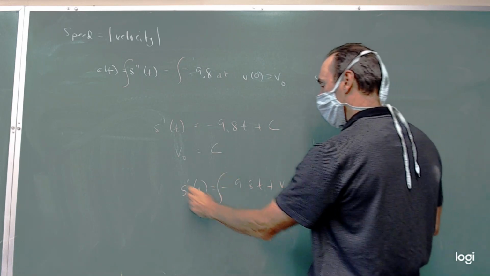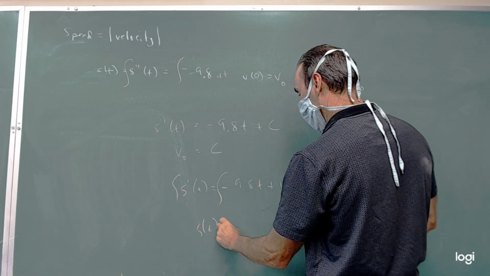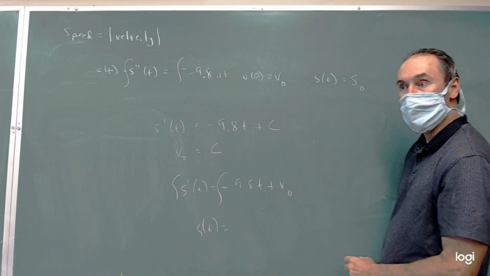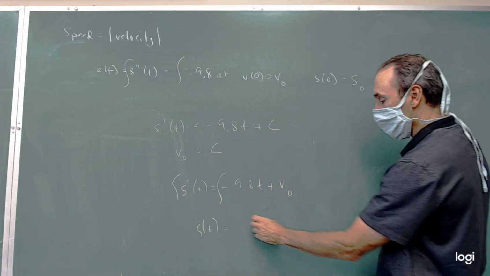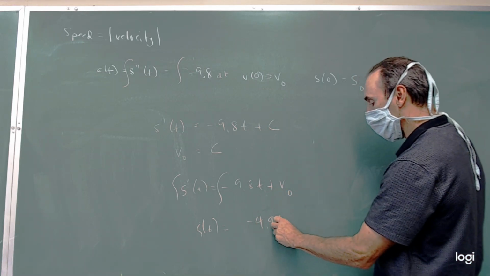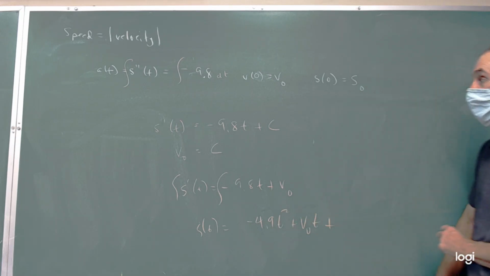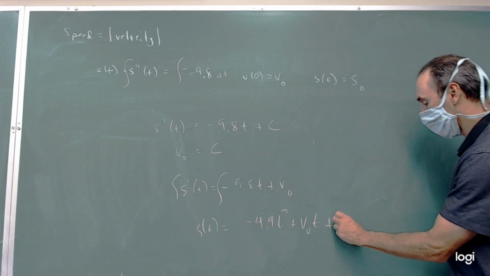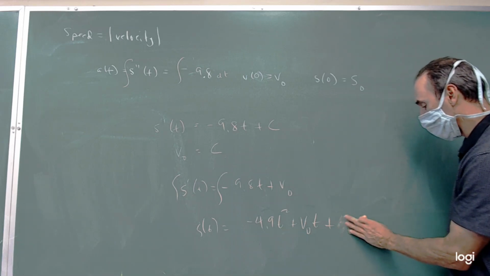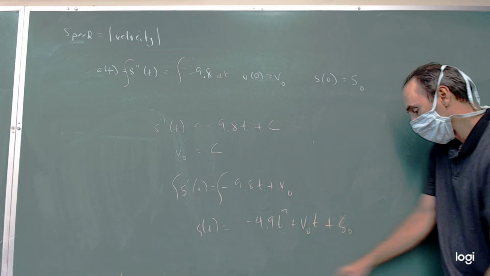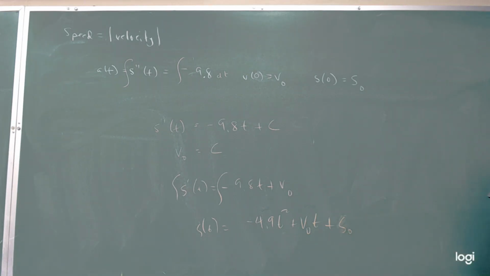We integrate again and get position. And that's going to be, the integral of t is t squared over 2, so you get negative 4.9 t squared plus v sub 0 t plus c, the constant, which is going to be, when you plug in 0, your s sub 0. Thank you for your patience.